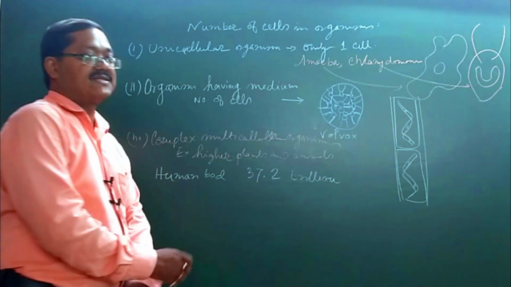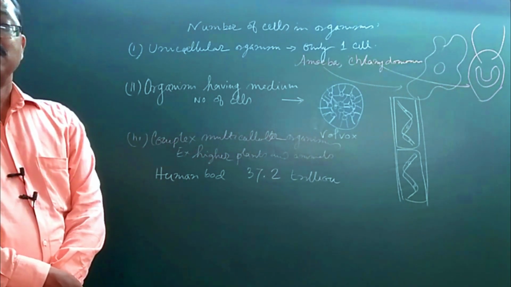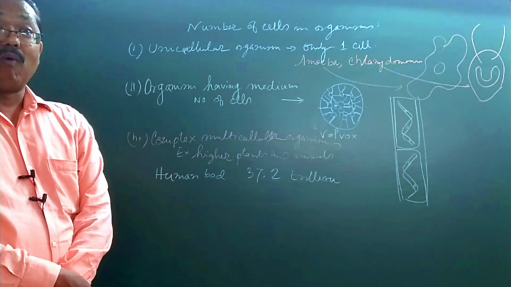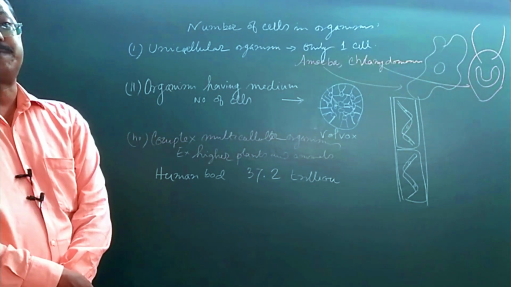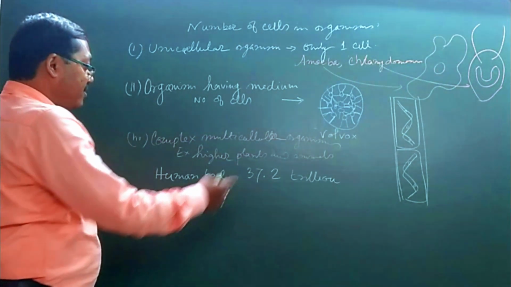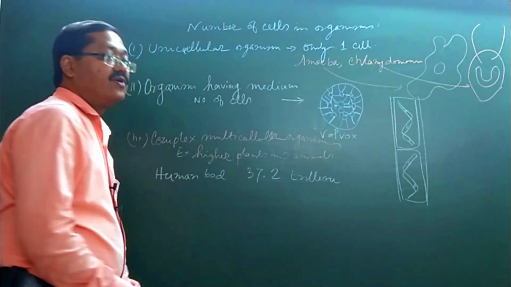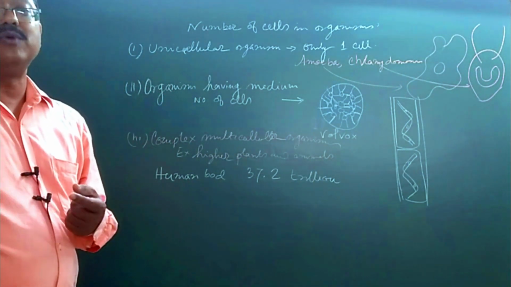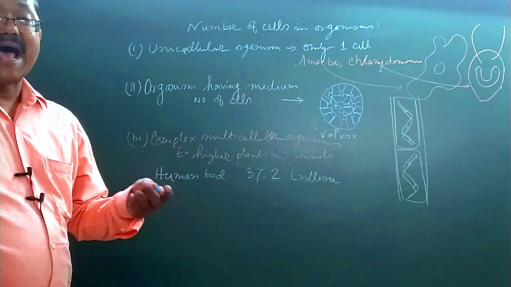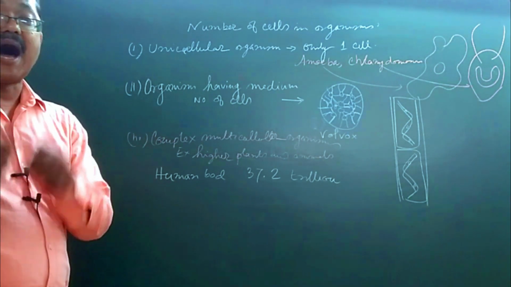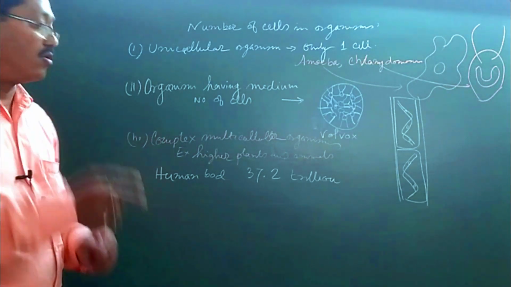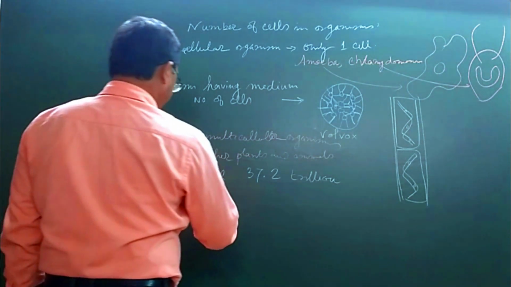Trillions of cells present. Even 100 billion nerve cells are present in the human body. Nerve cells, that is the neurons, communicate our body with our external environment, and different organs in our body are interconnected by neurons.